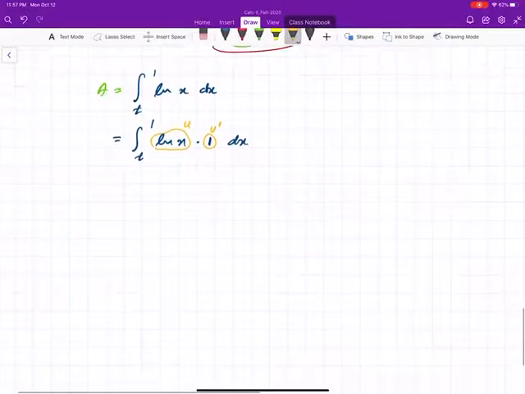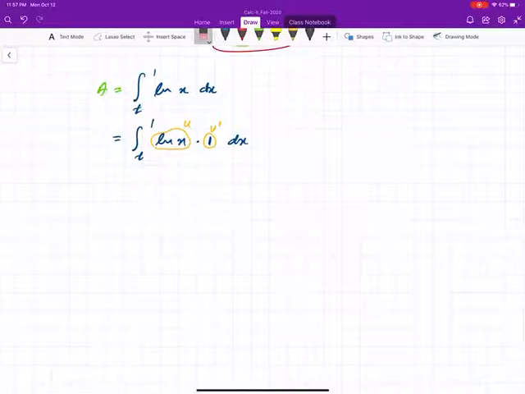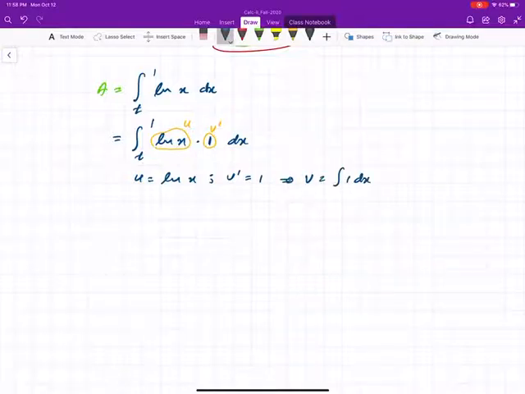So u is ln x, v prime is 1. Since v prime is 1, v is the integration of 1, which is x. Now you know v and u both.